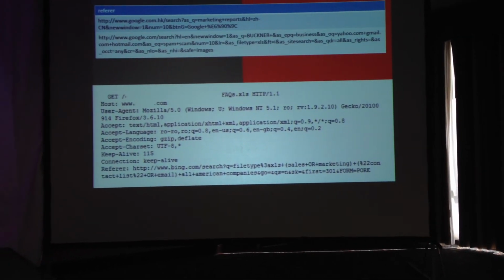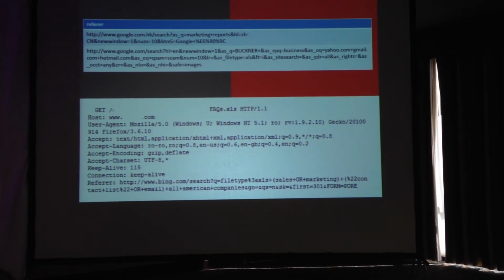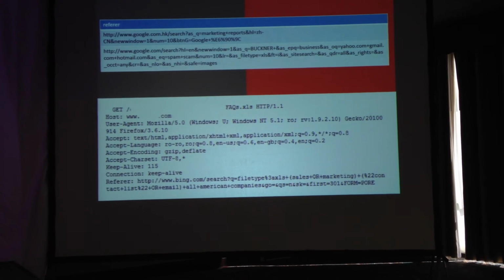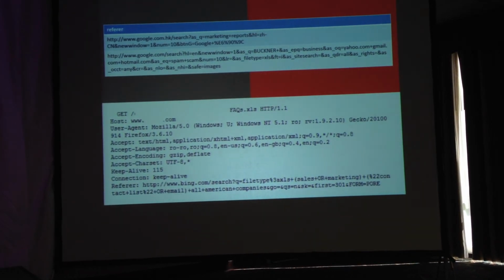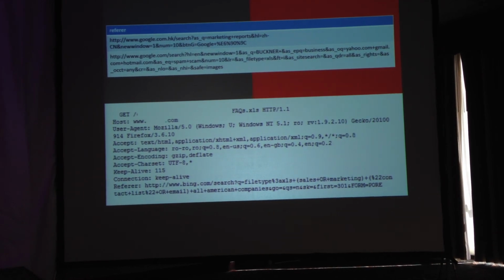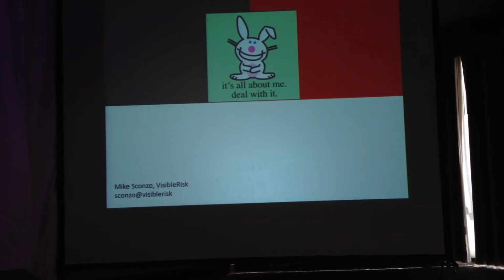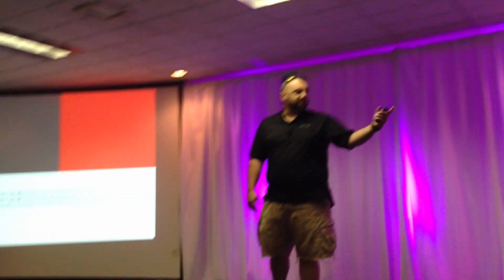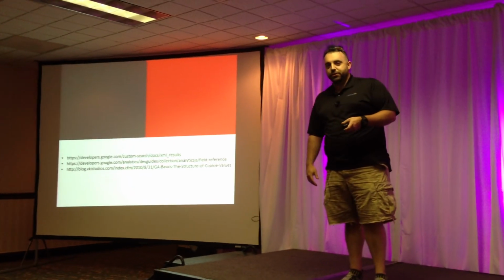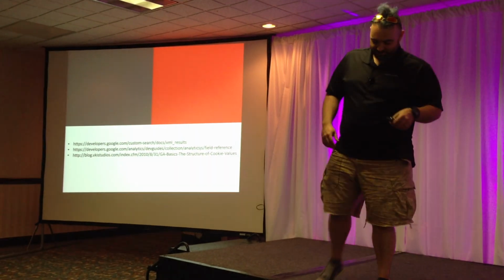An all-American campaign seems very, very specific. And when you begin to see things like file type, or in URL, or in header, wow, they're really, really looking for something that I should care about. So that's reconstructing reconnaissance in a nutshell, and then at the end I've got just a couple results if you guys really want to dissect Google cookies.